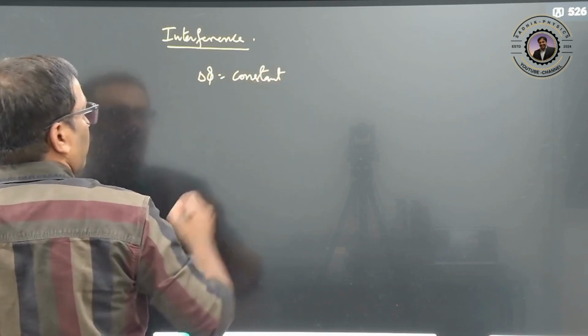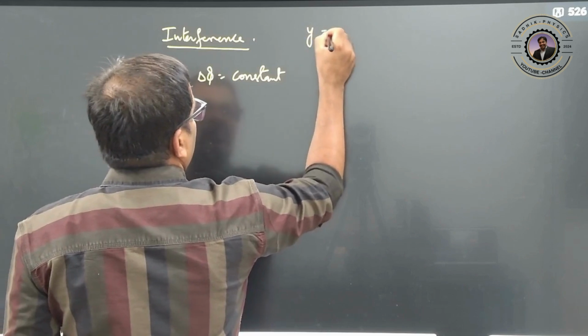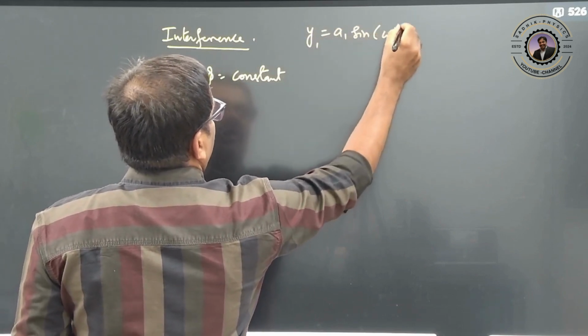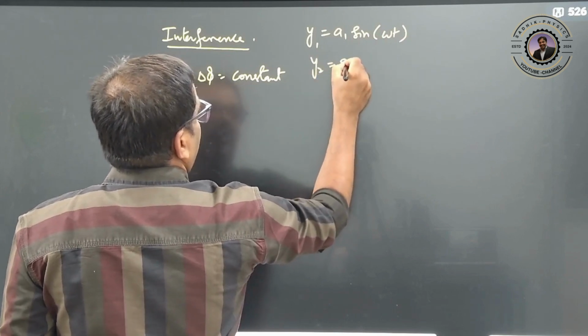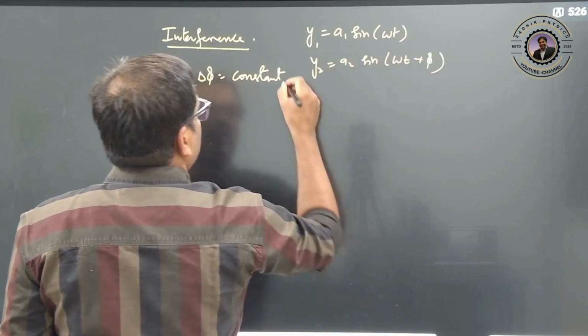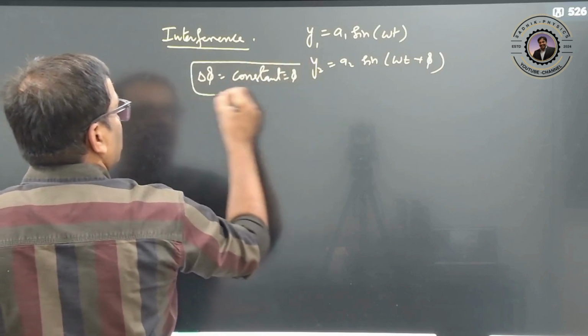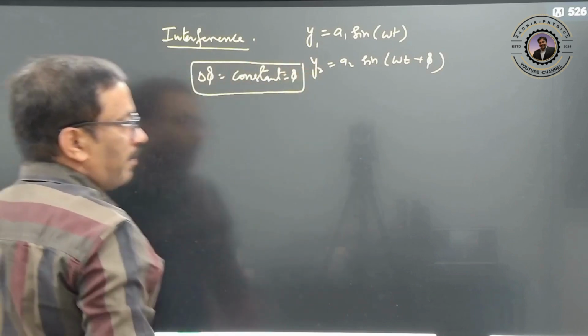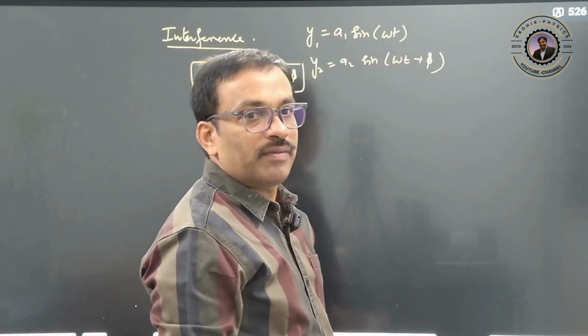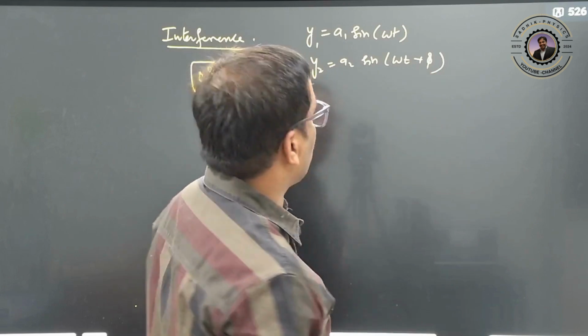Clear? So for two waves, y1 equals a1 sine omega t, and y2 equals a2 sine of omega t plus phi. Here this is the phase difference. The phase difference does not depend on time, so it is constant, and the frequencies are also the same. Therefore these two waves are coherent waves.